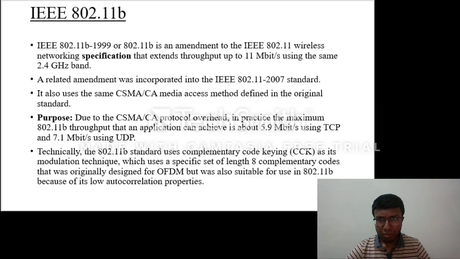Technically, the 802.11b standard uses complementary code keying as its modulation technique, which uses a specific set of 8 complementary codes that was originally designed for OFDM, but is also suitable for use in 802.11b because of its low autocorrelation properties.